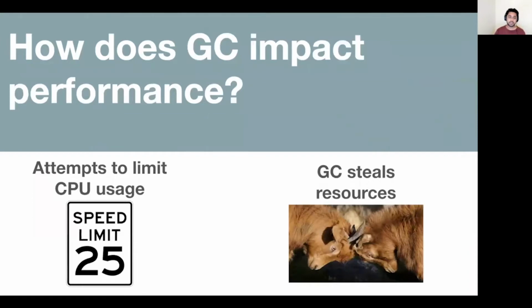So next up, let's take a look at how GC may impact performance for our main program. Go garbage collection aims to utilize no more than 25% of CPU resources, and ideally this should minimize the impact on program performance and latency. However, when memory pressure is high, more CPU resources may be used for garbage collection, which can severely hinder the performance of the main program.